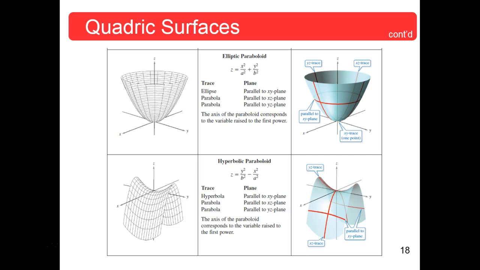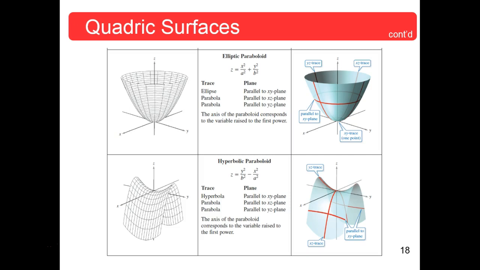So there's your elliptic paraboloid, where ellipses are your z traces, and the XZ plane and YZ plane are going to be parabolas everywhere. In your hyperbolic paraboloid, this is your saddle thing.